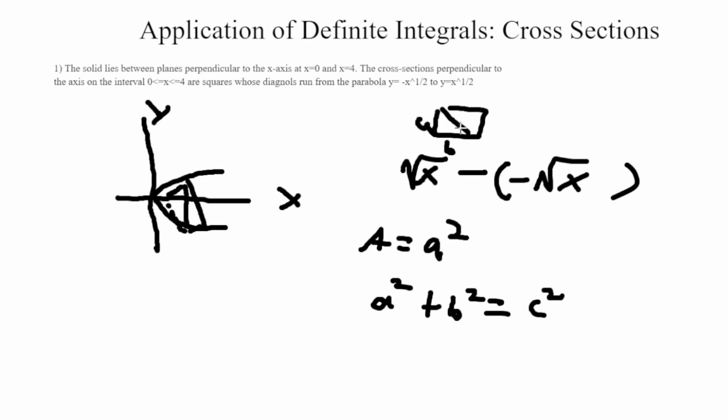But since it's a square, the sides are the same. So you could just say a, a. So really we have 2a squared equals c squared. So we know c to be root x plus root x, so 2 root x.